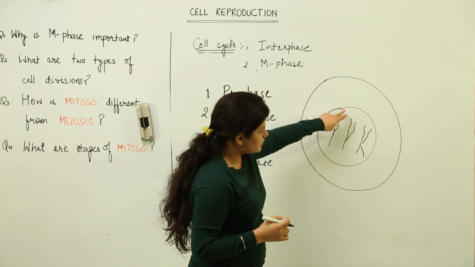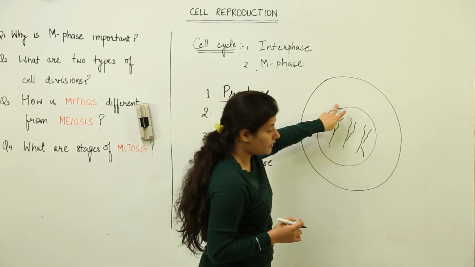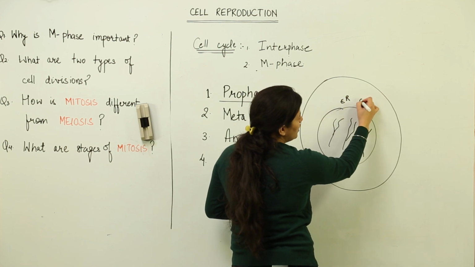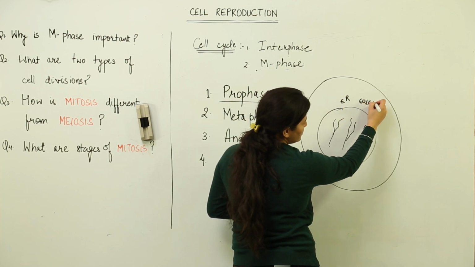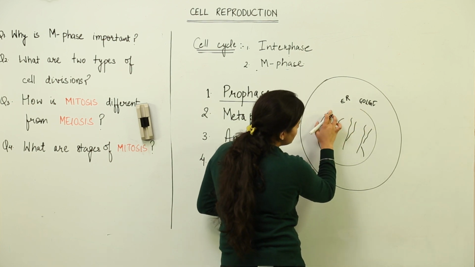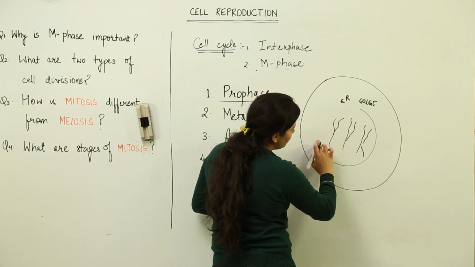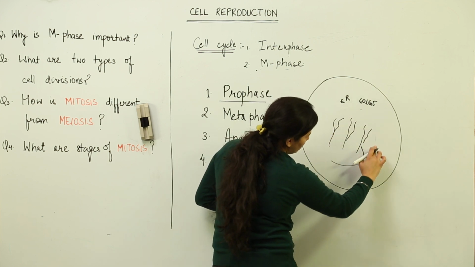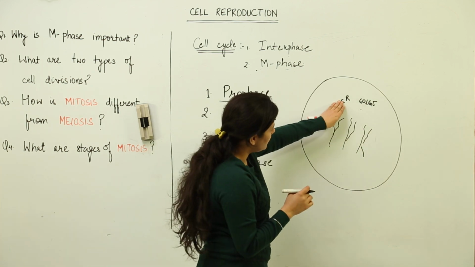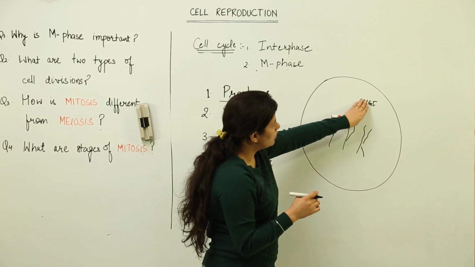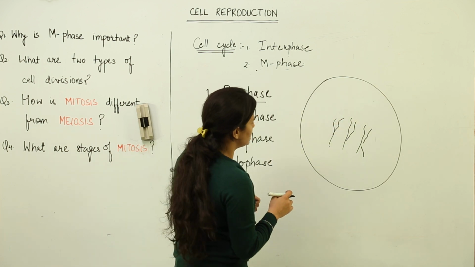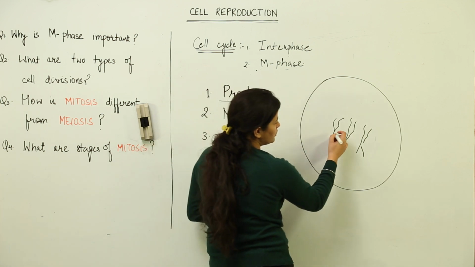Also, you know that this nucleus is surrounded by a nuclear membrane which is in continuation with the endoplasmic reticulum and Golgi bodies, which are endomembranous structures. They start getting dissolved. That means the cell would become uniform in terms of chromatin material distribution. The ER would also dissolve in prophase, and Golgi would also dissolve. All these dissolutions are taking place because of proteinaceous changes and enzymatic activity.